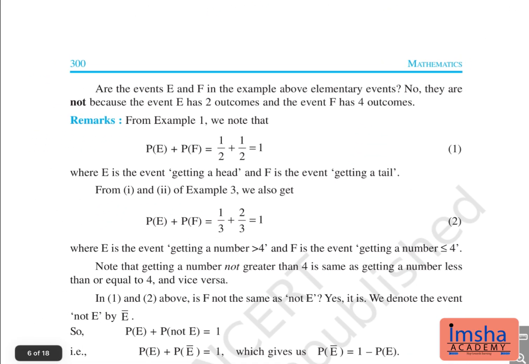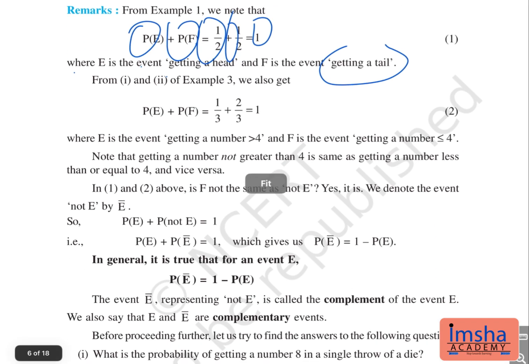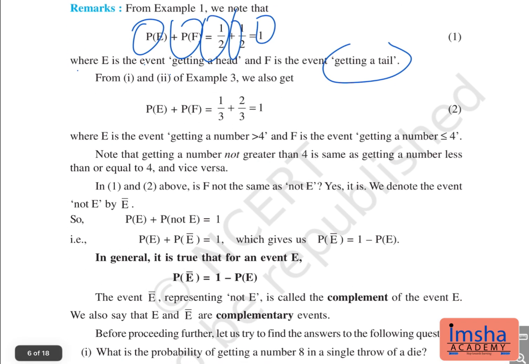So next is, from example 1, we note that P of E plus P of F is half plus half is 1, where E is the event of getting a head and F is the event of getting the tail. So from 1 and 2 we can conclude that it is equal to 1, where E is the event of getting a number greater than 4, second and third example, and F is the event of getting a number less than or equal to 4.